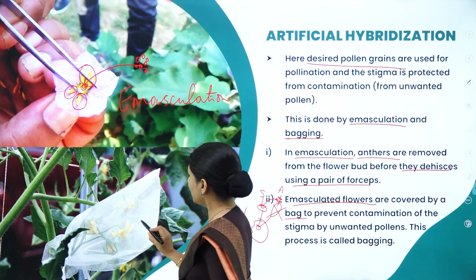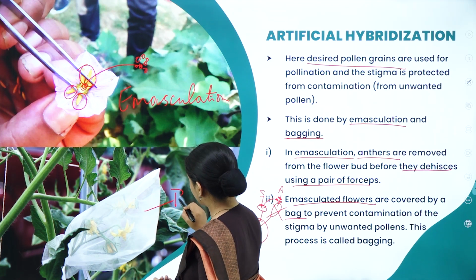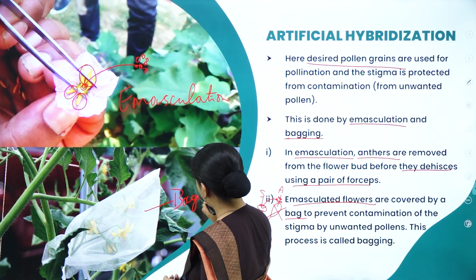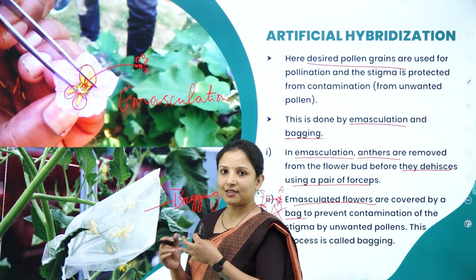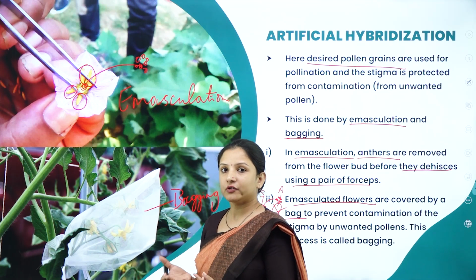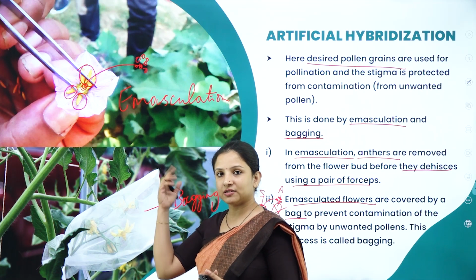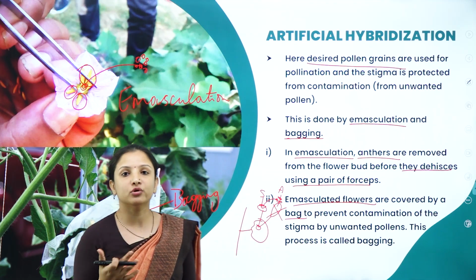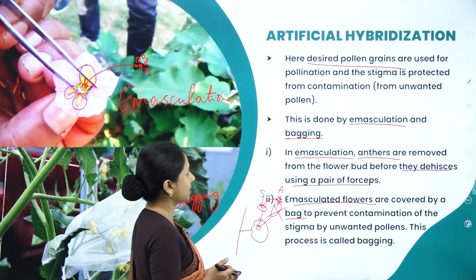Once it is dusted, we will cover it with a bag. Bagging is done and it is left. Now the process of fertilization will start here, and how the fertilization will occur we will study in the next session. That is the post-fertilization event we will study.